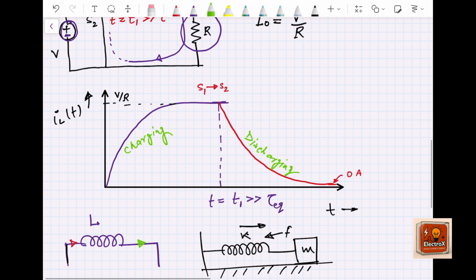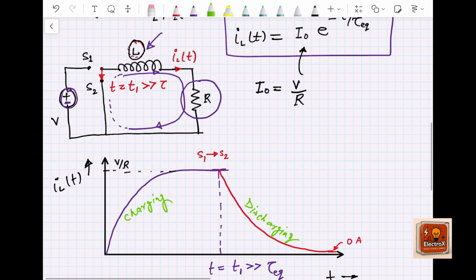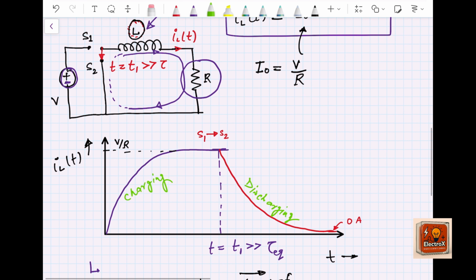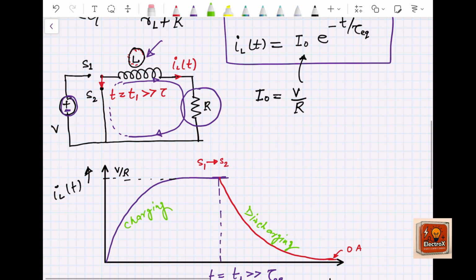Now consider a situation where the switching of S1 and S2 starts happening very rapidly, meaning that this switch swings between S1 and S2 with very high speed.